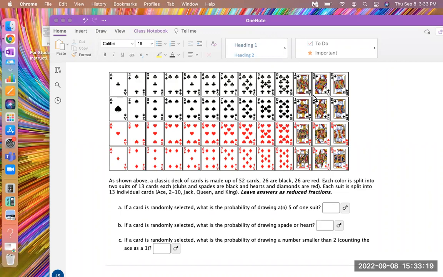So they say if a card is randomly selected, what is the probability of drawing a 5 of one suit? Don't misinterpret this. They're trying to say, what is the probability of getting a 5 of diamonds? And there's only one 5 of diamonds.